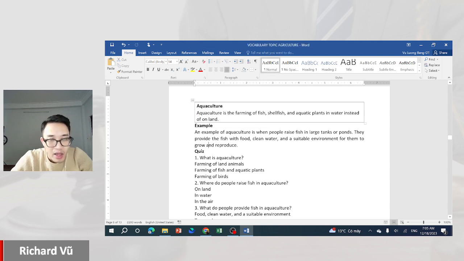Aquaculture is farming of fish, shellfish, and aquatic plants in water instead of on land. An example of aquaculture is when people raise fish in large tanks or ponds. They provide the fish with food, clean water, and a suitable environment for them to grow and reproduce.